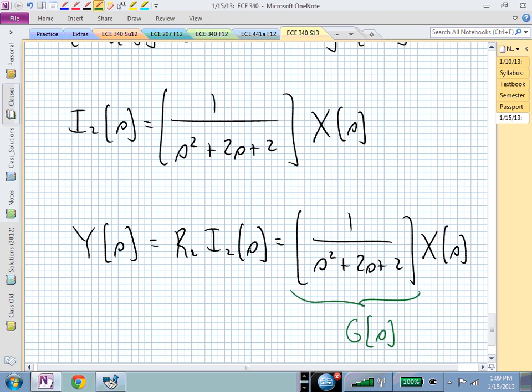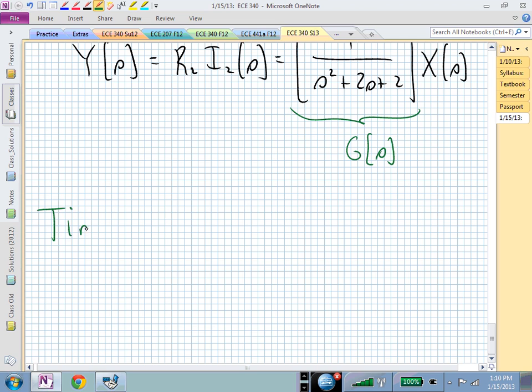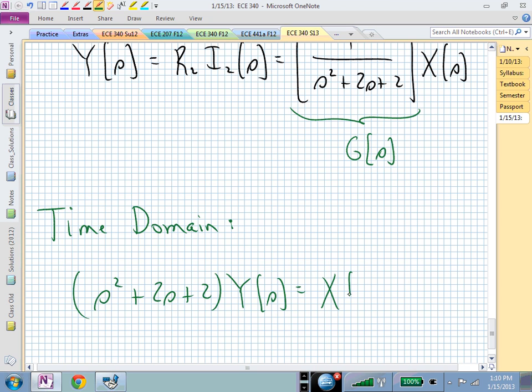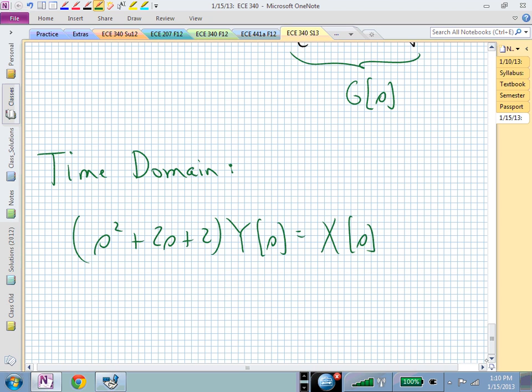Because we know how to inverse Laplace transform. Meaning, if we now wanted to find a differential equation relationship, something in the time domain, we would now be able to say, in the time domain, with respect to time.